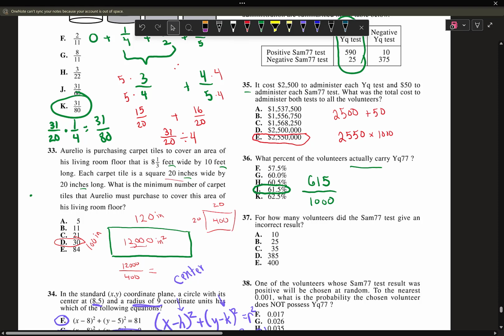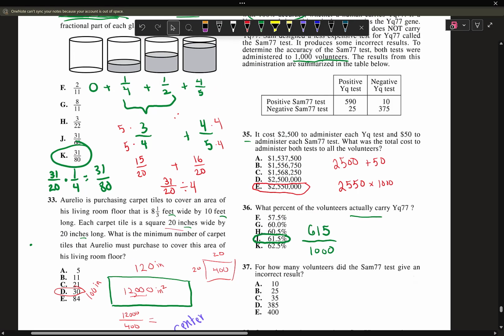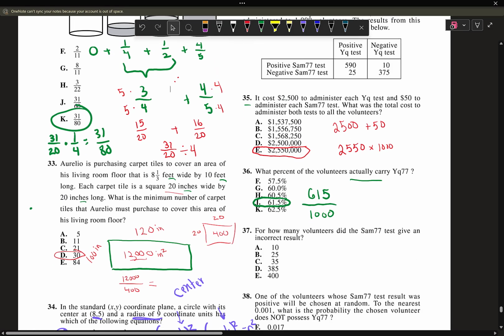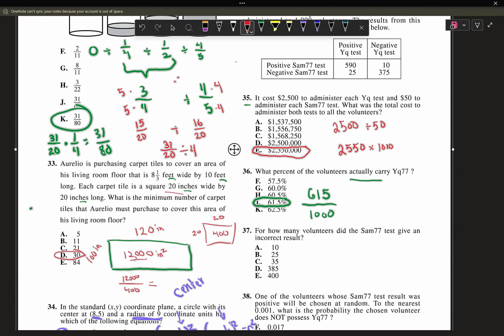For how many volunteers did the SAM-77 test give an incorrect result? Since the YQ test is always right, we want to figure out how many tests differed. Let's first look at this first row for positive SAM-77 tests. This 590 represents 590 that tested positive for the YQ test. Those 590 also tested positive for the SAM-77 test, so those 590 all tested correctly.